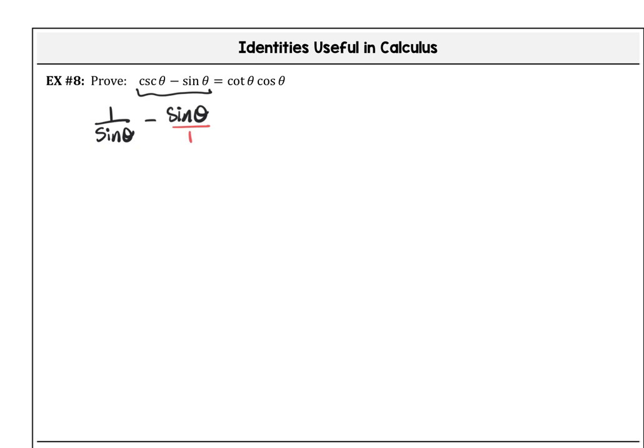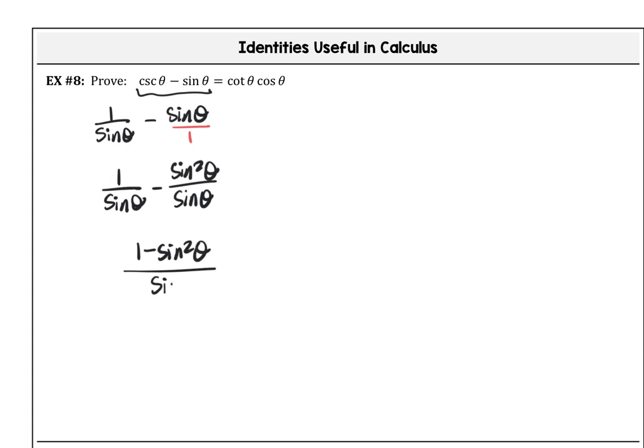Remember, this is like over 1. So first fraction stays the same. Second fraction, I need to get sine on the bottom. So if I multiply by sine on the bottom, I have to multiply by sine on the top. So that means I have 1 minus sine squared theta over sine theta. And, oh, that's an identity. So that's cosine squared over sine theta.